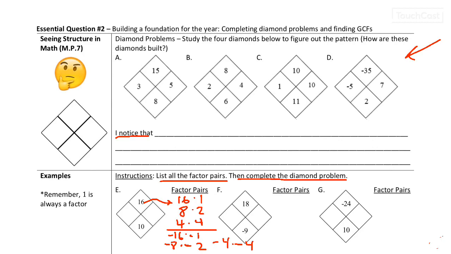So these bottom three pairs, when you multiply together, will also give you 16.